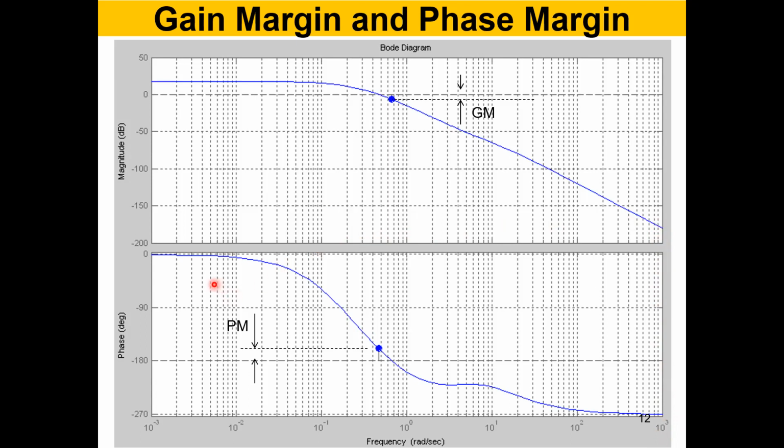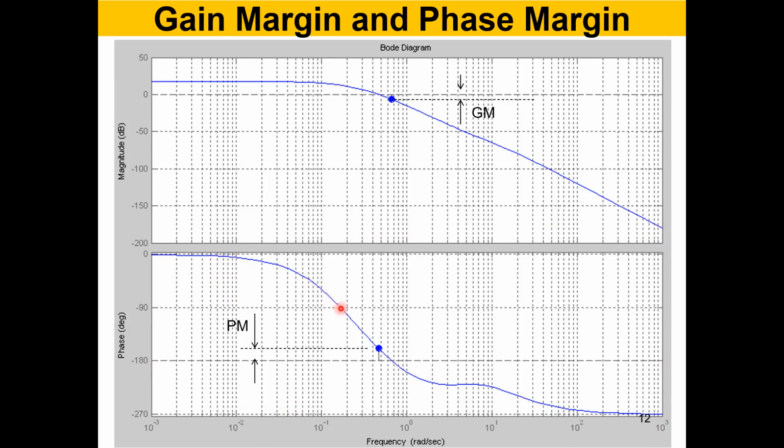Then if you look at the phase, for very low frequencies, there's no phase delay. The input signal as well as the output or the response have pretty much the same phase. But when you increase the frequency, you will see phase is going like this.